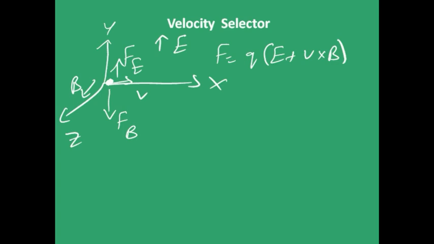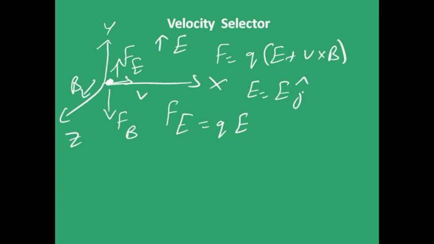Hope everything is clear till now. Now the electric field is given by E j cap, so it is in the j direction. B is given by B k cap, and v is given by v i cap. Electric force is qE, you know that. And the magnetic force is qvB in magnitude, because the angle between velocity and magnetic field is 90 degrees.